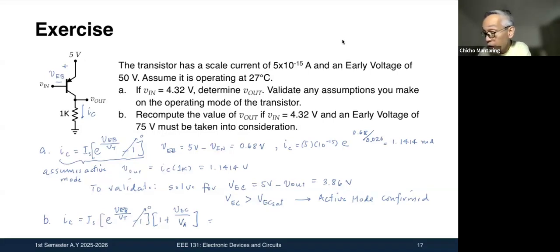We already know that this is 1.414 mA. Now we know that IC is V out over 1K. IC is equal to V out over 1K.